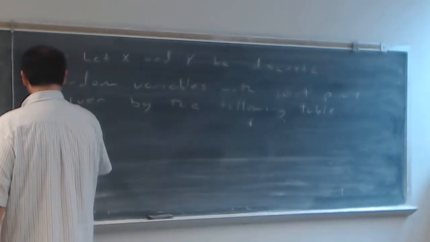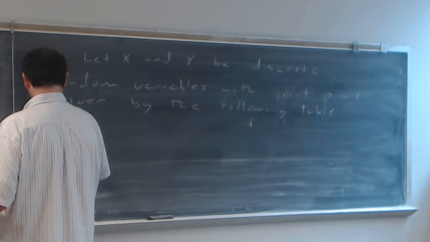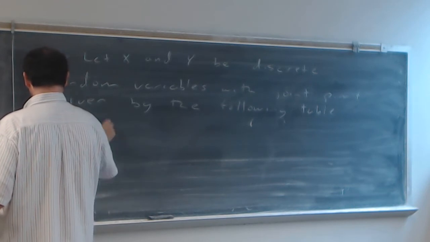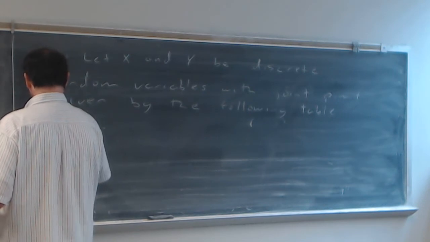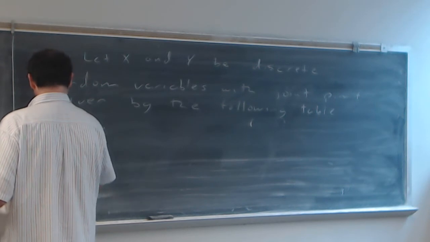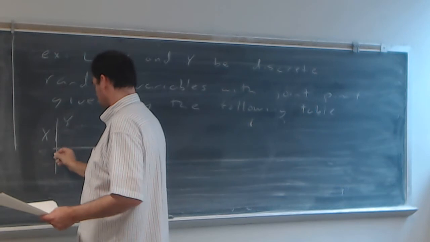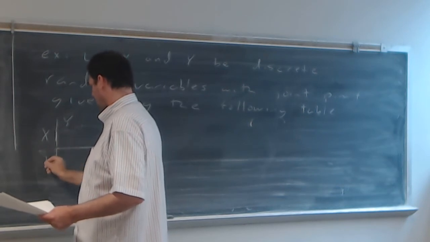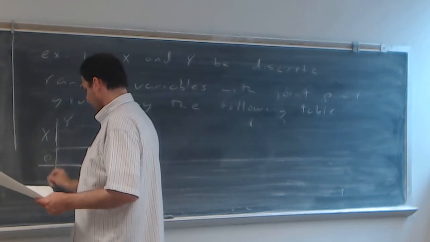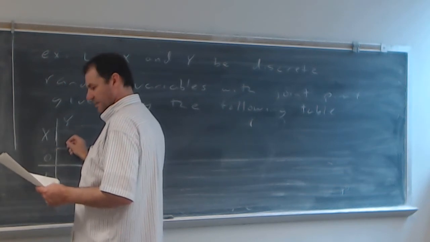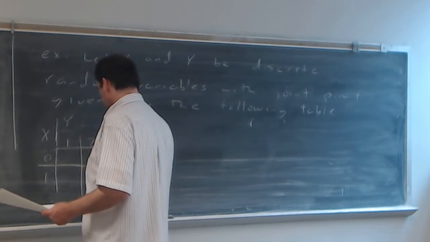Okay, so here are the x's, here are the y's. So the x's are down here. The x values are 0, sorry, and 1, and the y values are 1, 2, 3.